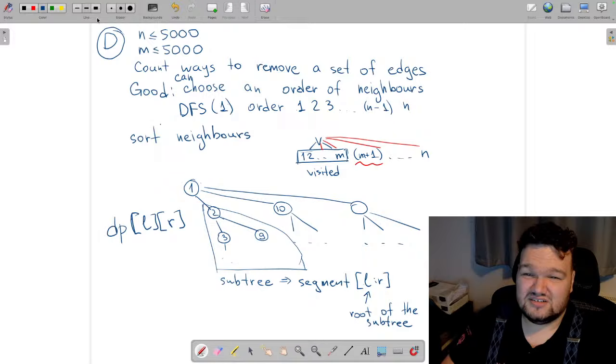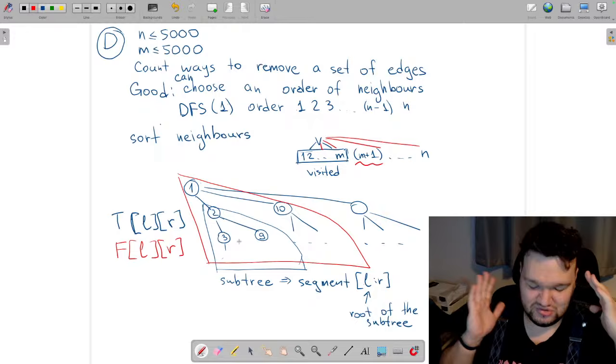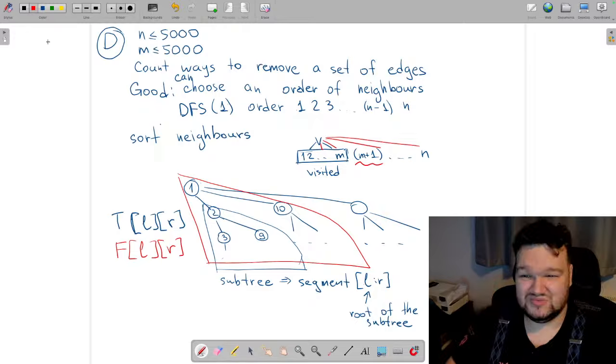We have added something, but we might add more sons to the root later. So this will be F of L, R. So actually T is just F. At any moment we can just choose to stop adding new subtrees. So those are actually just equal. But for the purposes of explanation, we will say that they're different.